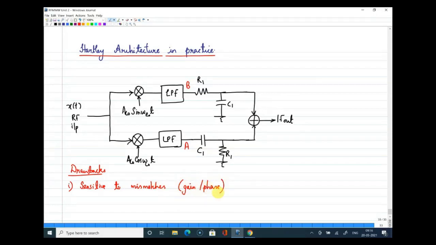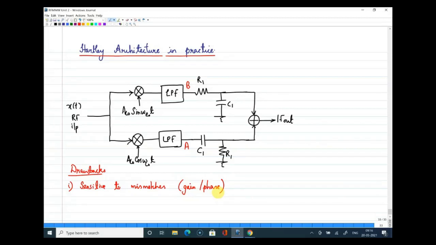What we'll do now is add mismatches to one of the paths and see how well images are rejected. Cancelling out the image perfectly is an ideal situation, and practically there are many other hurdles.